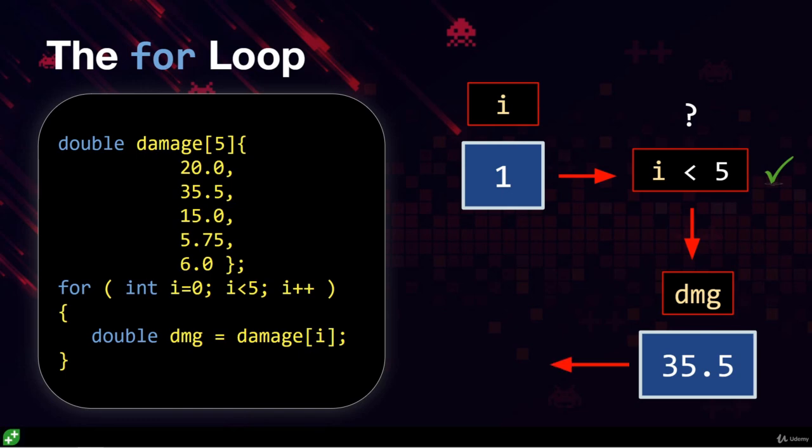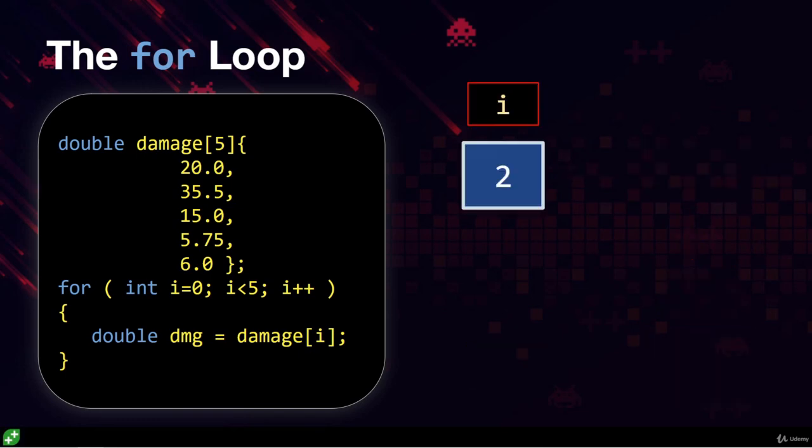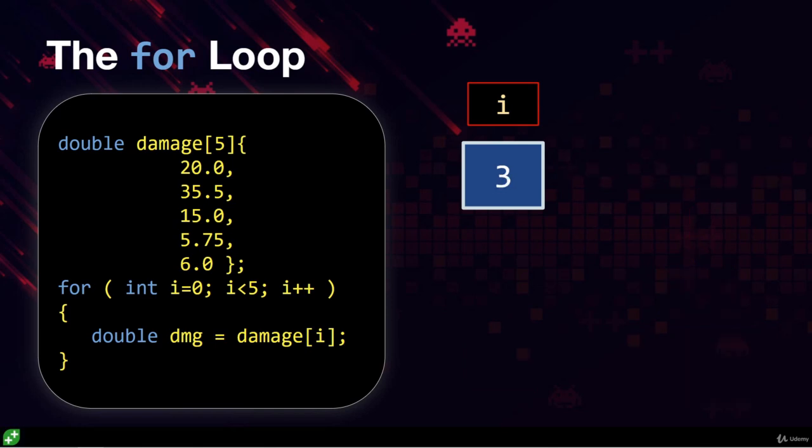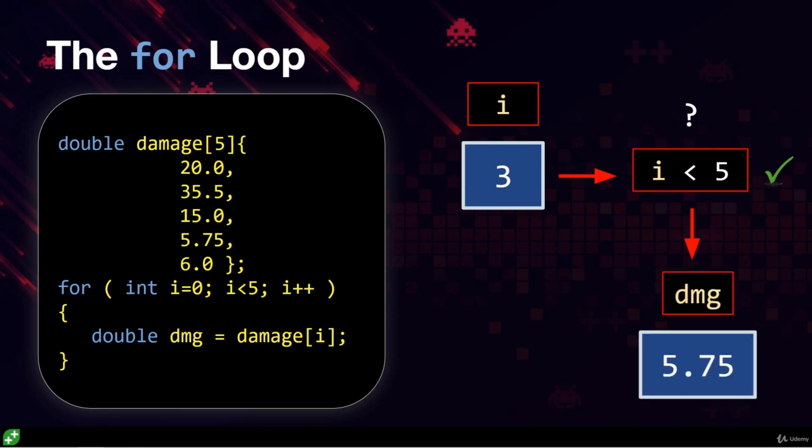Once this body finishes, the update is executed once again, and now i has a value of 2. And then we check the condition again, which evaluates to true. Therefore, the body gets executed. dmg gets the value of 15, which is the third element in the array, and then we increment i again. Now i has the value of 3, and when we evaluate the condition, 3 is less than 5 is true, which means we execute the body, and dmg gets the value of 5.75, the fourth element in the array.